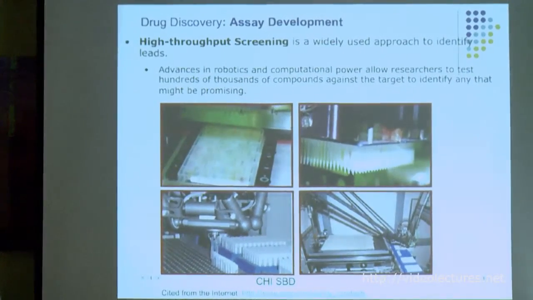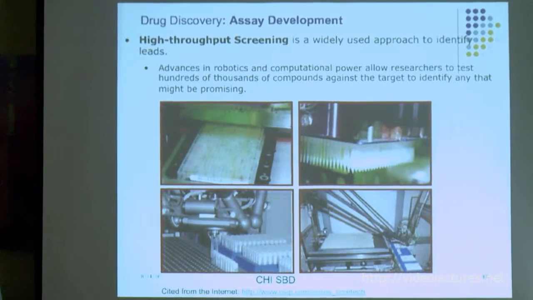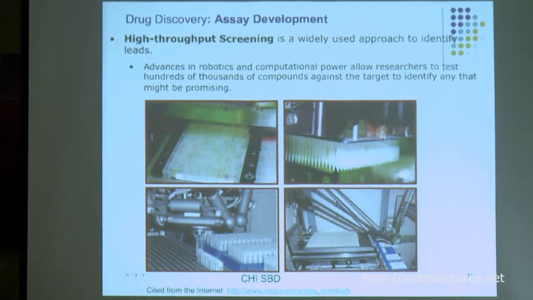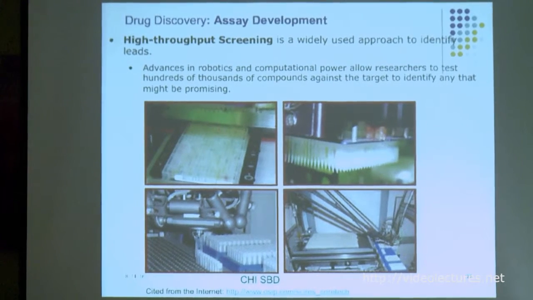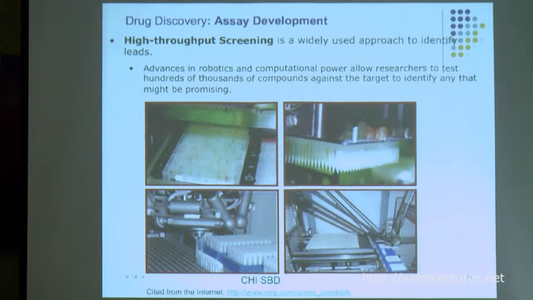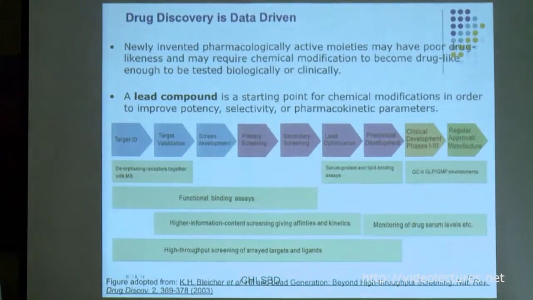At the beginning of drug discovery is high throughput screening. You're trying to test as many chemicals as possible, as fast as possible, to see whether, one, they bind to the protein specifically, or two, alternatively, whether they produce a phenotype that you want.